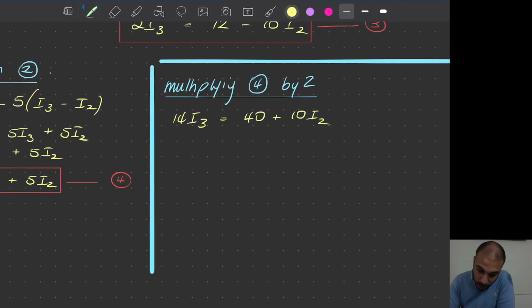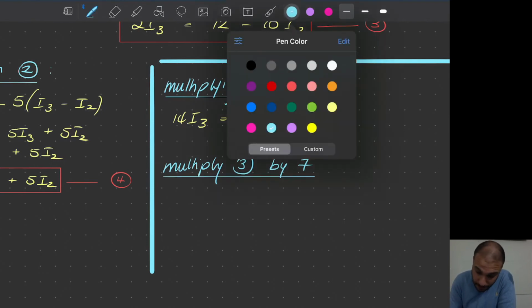And what we are also going to do is multiply equation 3 by 7.